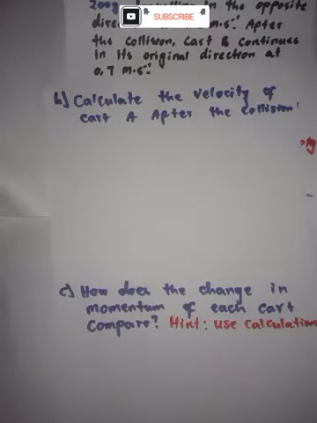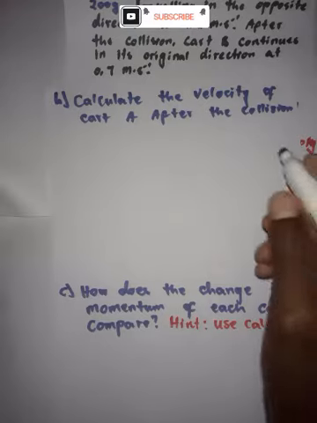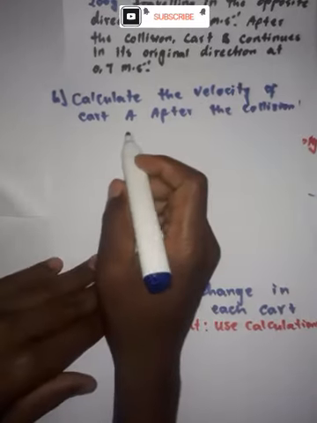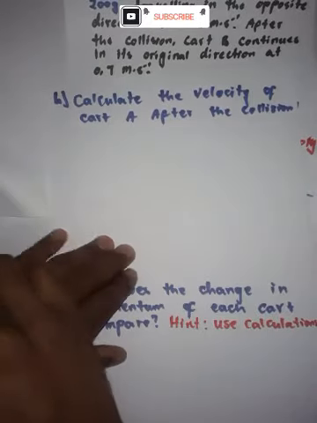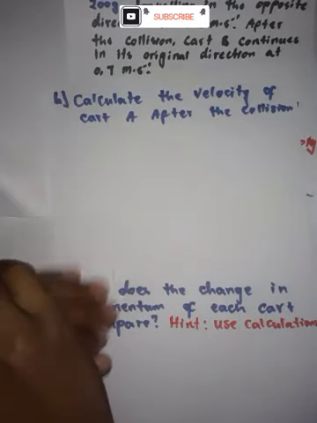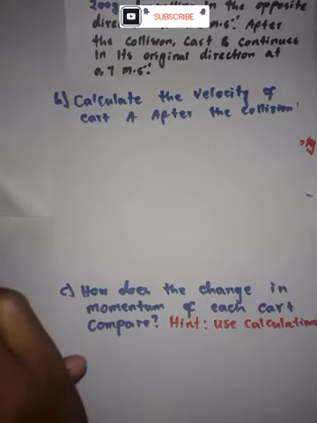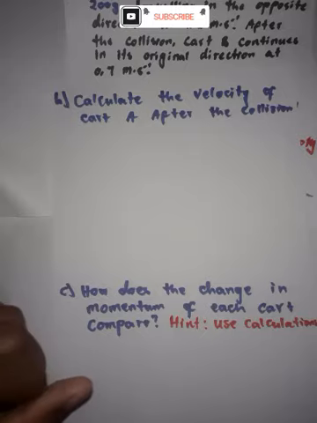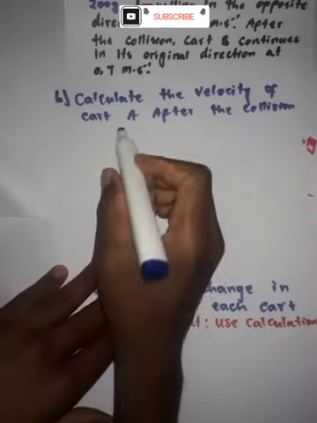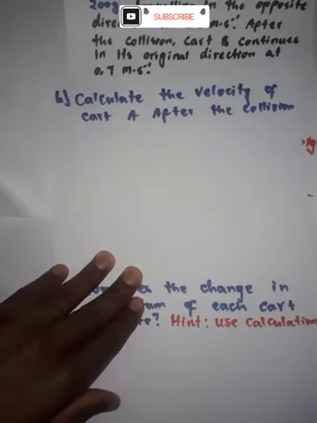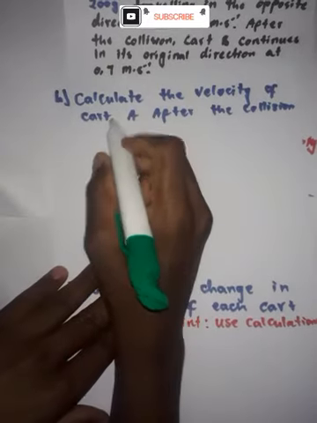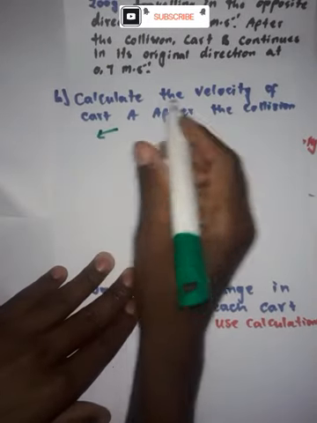The second question says calculate the velocity of cart A after the collision. So here we must choose the direction. We're told that cart B of mass 350 gram was moving to the left. Since the initial direction was going this way, we can take left as positive.